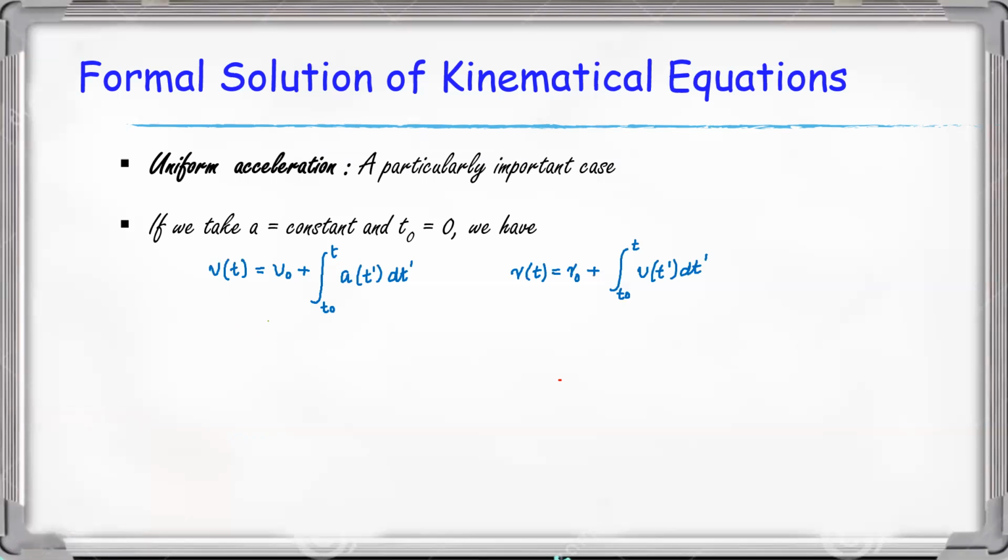We have to find the velocity at time t, that is v of t equal to v0 plus the integral.